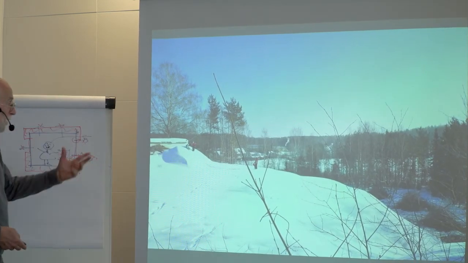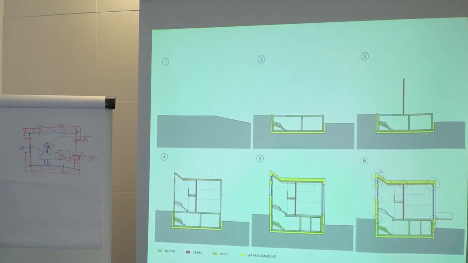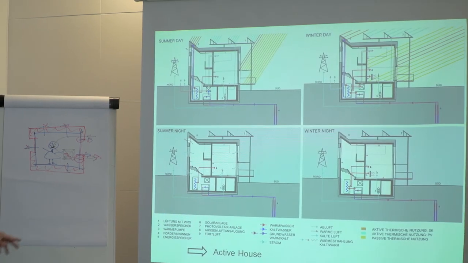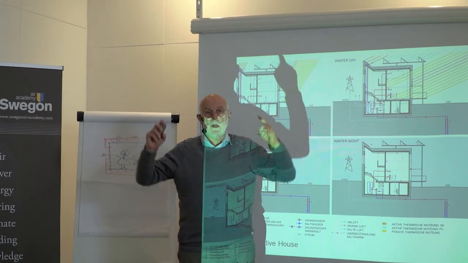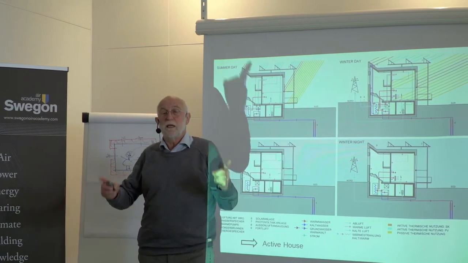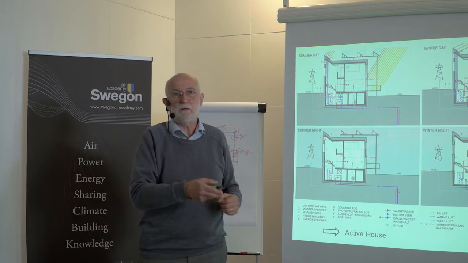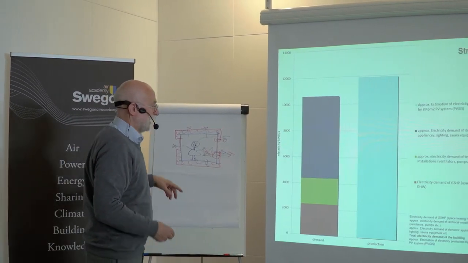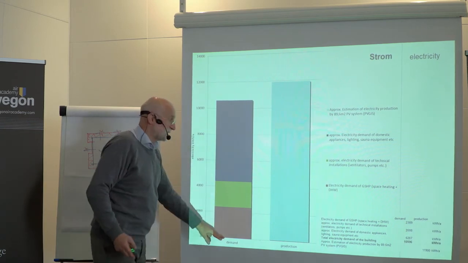It's more cold, it's a more heavy winter, but the same strategy, you know it, and also productivity, because the challenge was to get a house which is producing the same energy which it is using. Is this possible or not, even in a northern country? That was a challenge. And here we have the production, and here we have the consumption.